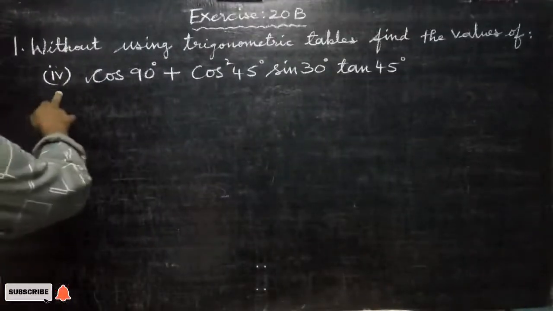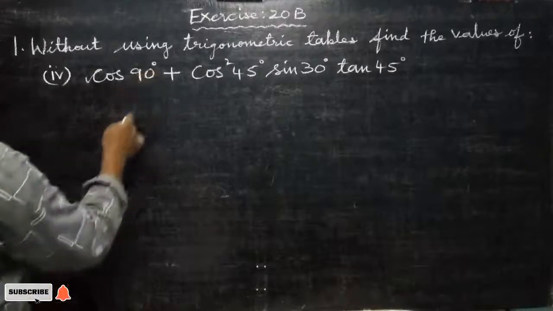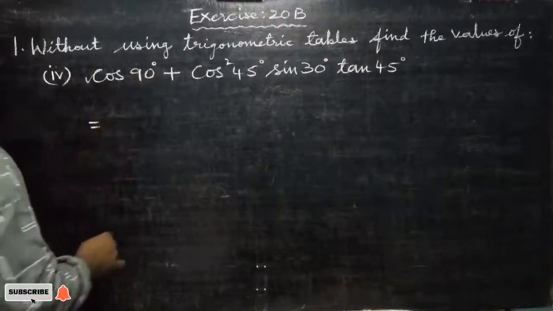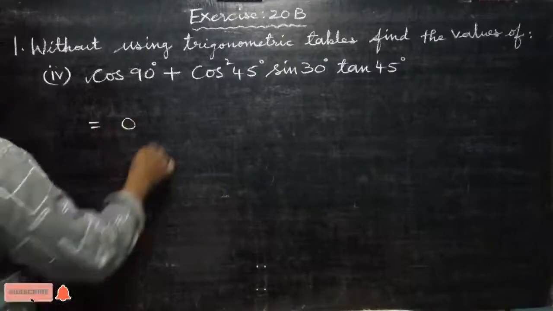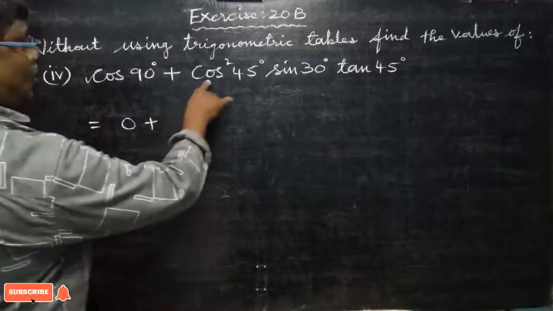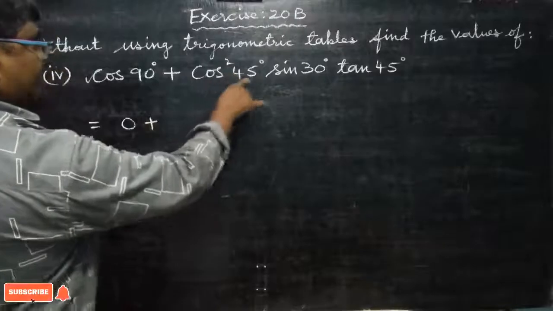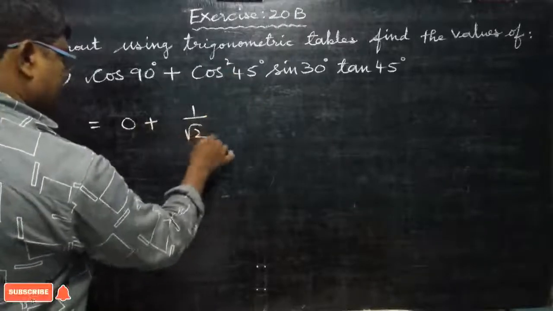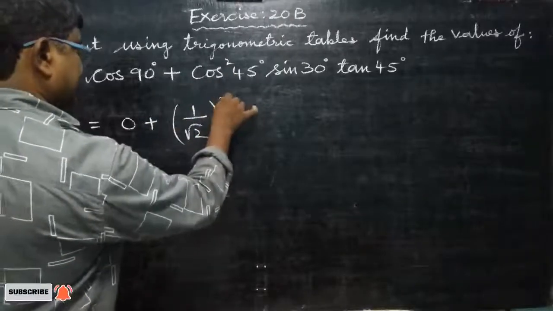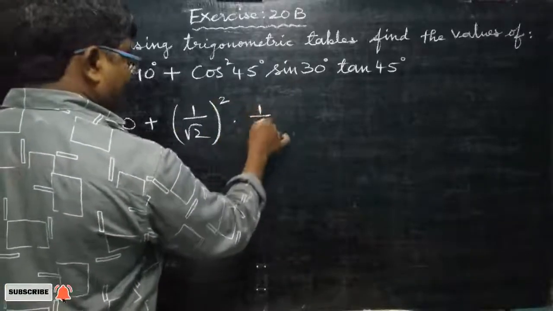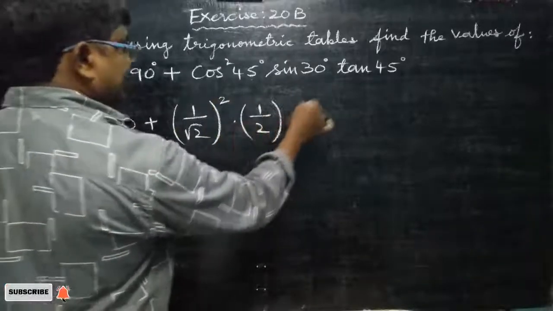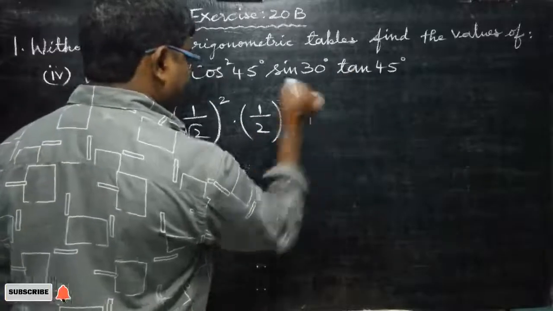Now fourth bit. Cos 90 degrees. Cos 90, how much? 0. Plus cos square 45. Cos 45 is 1 by root 2, whole square, into sine 30, 1 by 2, tan 45 is 1.